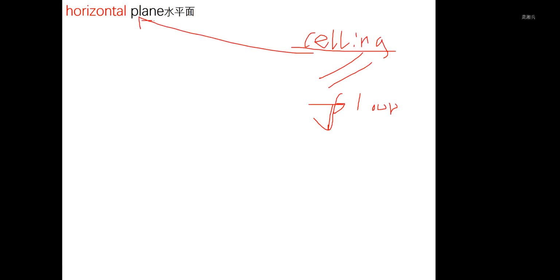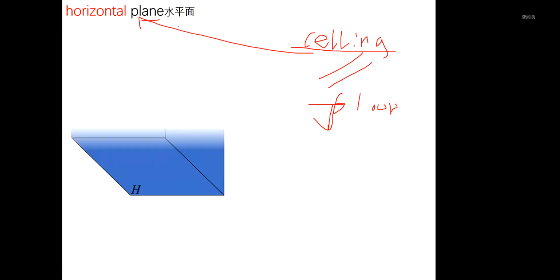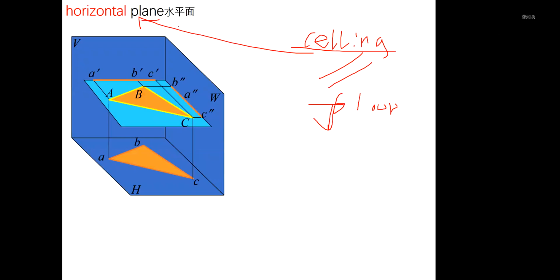Look at your house: your ceiling should be parallel to your floor. So this ceiling is a horizontal plane, because it is parallel to the horizontal plane, just like here. Please see the picture. That's a little bit familiar.